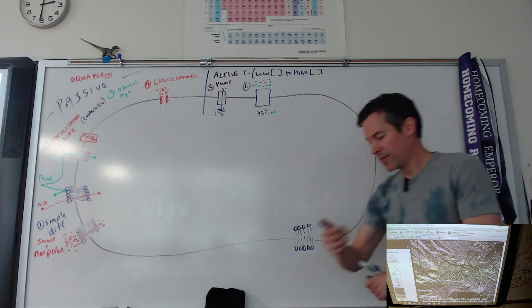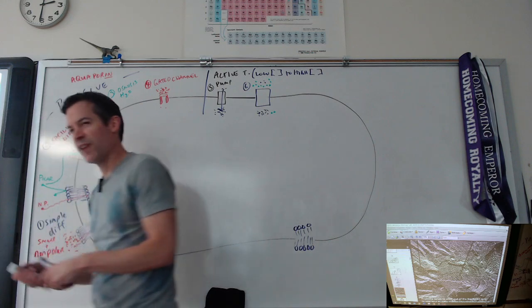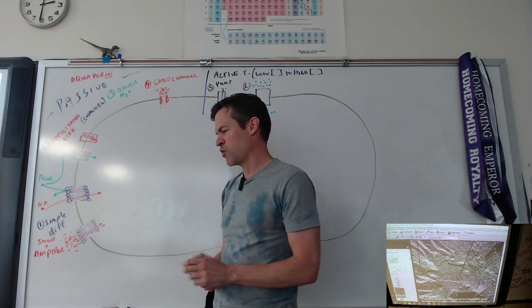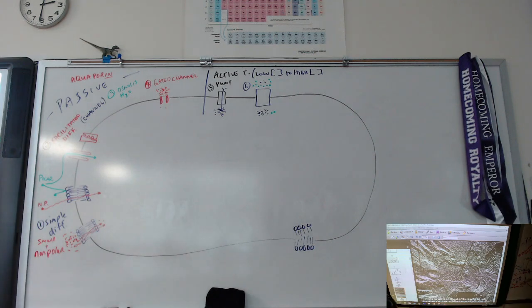Let me give you an example. Let's say that you go to an airport or a fancy hotel or a restaurant. You ever seen those rotating doors, the circular doors?